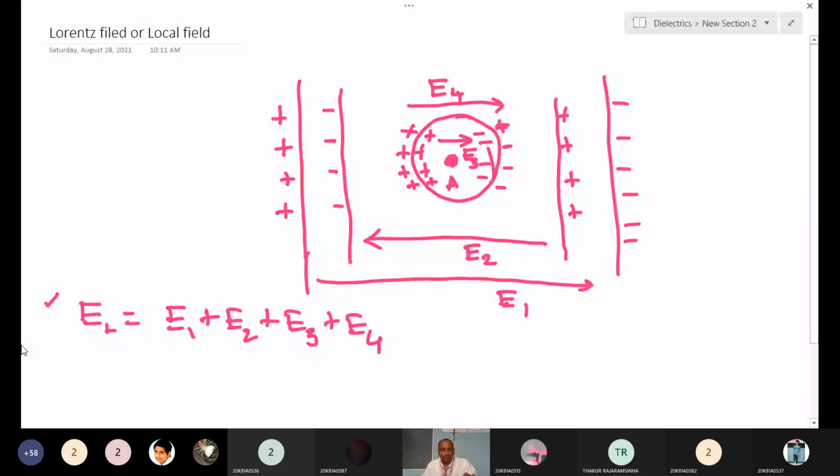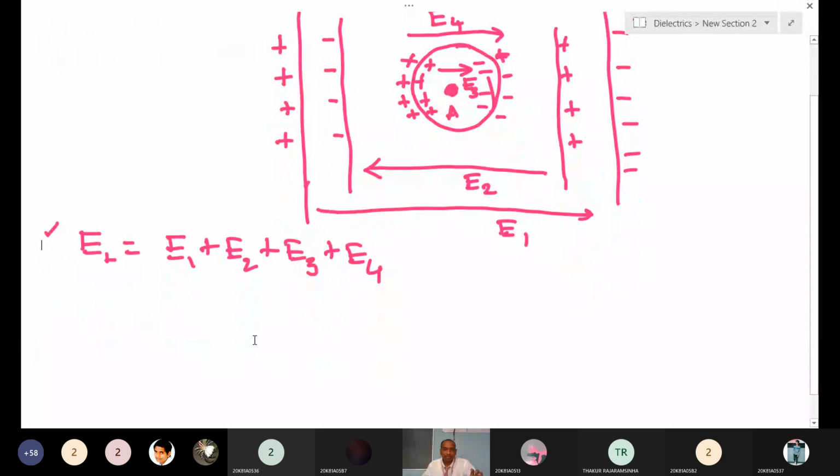Now our job is to estimate the total field, that is E1, E2, E3 and E4. First we estimate E1.